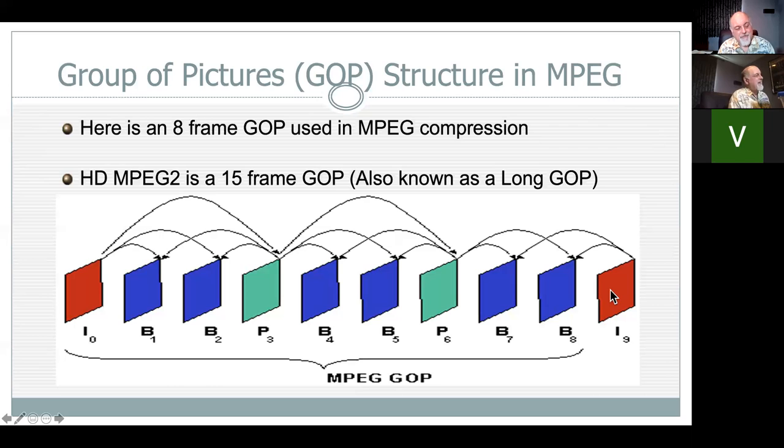That would be called an 8-frame group of pictures. Some HD codecs use a 15-frame group of pictures, also called long GOP. That just means there are 14 calculated frames between every real frame. The problem with this process is that when you want to edit, you can only edit on an iframe. So you have to create a new iframe whenever you want to edit.